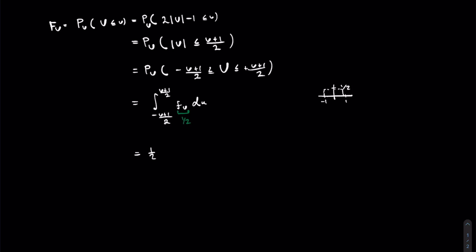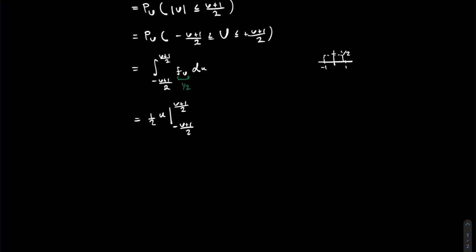We have that this thing here is a u going from minus (v plus 1) divided by 2 to (v plus 1) divided by 2. This is simply half times (v plus 1) divided by 2 minus minus (v plus 1) divided by 2, like so.